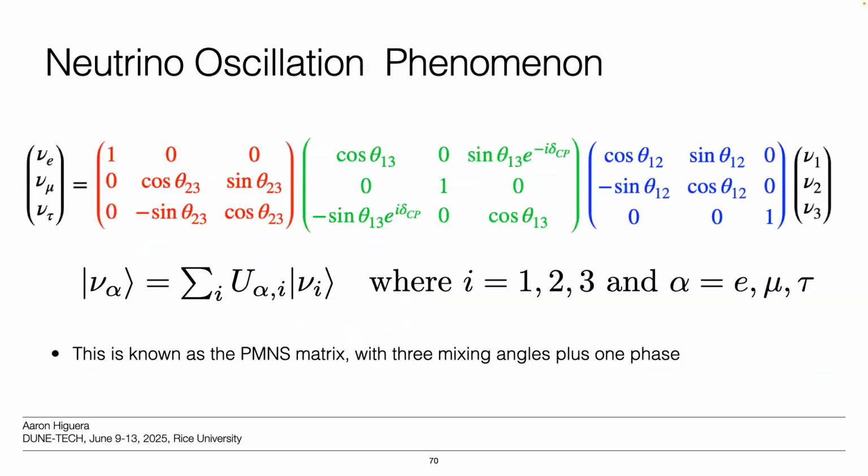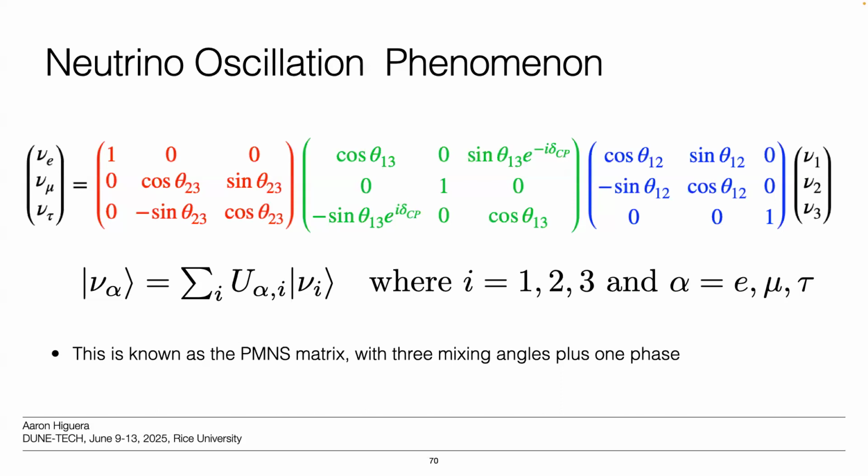In order to simplify that, we split that 3 by 3 matrix into 3 matrices. This is known as the theta 2-3 parameter. This is theta 1-3, and this is theta 1-2. Again, this will give you a 3 by 3 matrix. There is a phase here, and I will explain what that phase means.